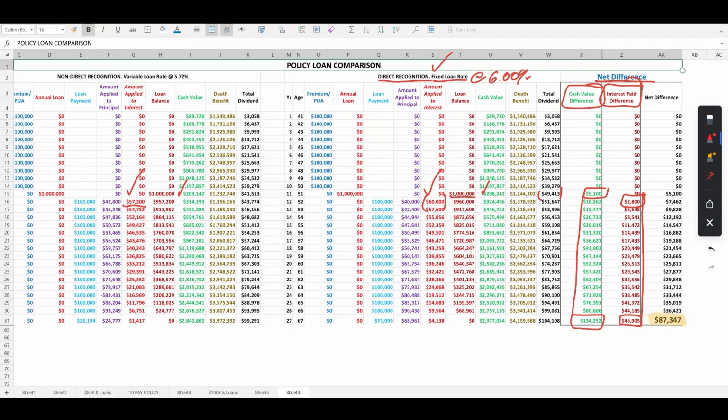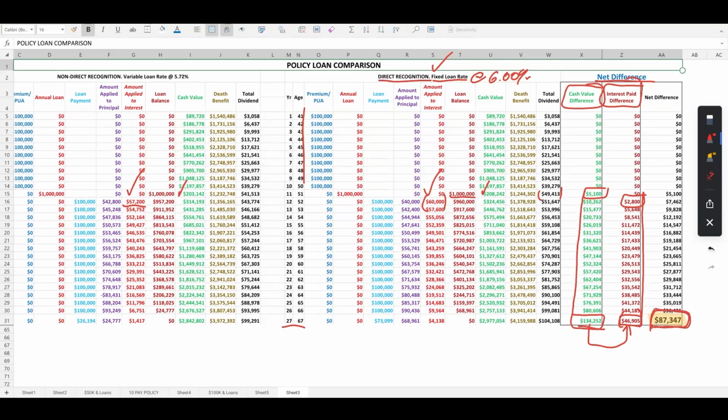What this does is take how much more you have in cash value, then subtracts how much more you've paid in loan interest, and there's your net. So based on this present illustration, you would walk away with $87,000 more by year 27 when you've paid in the total of $1 million with the direct recognition policy option.